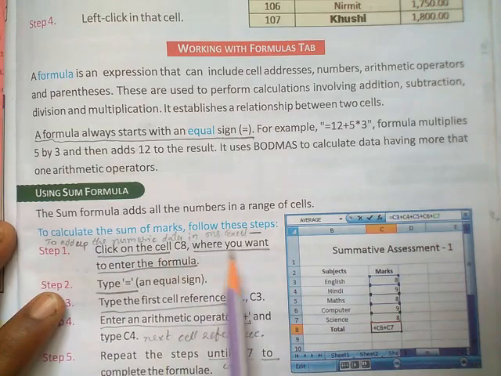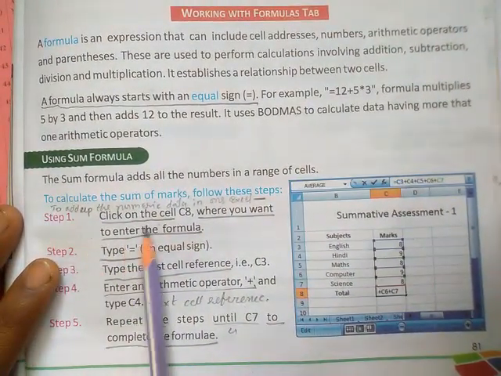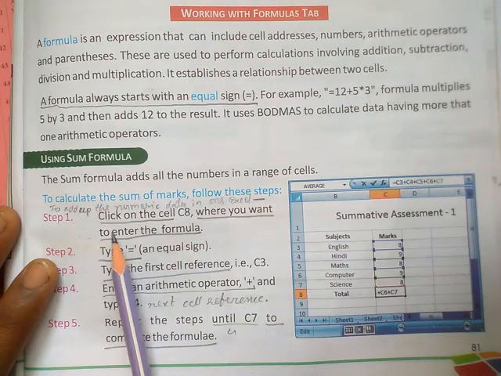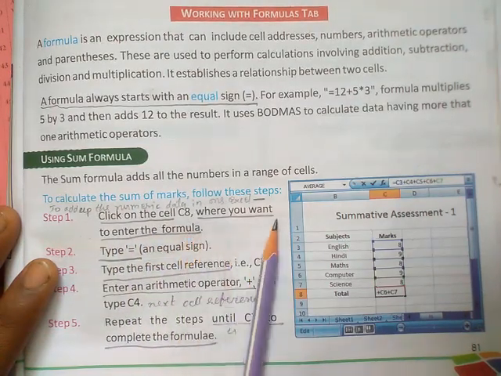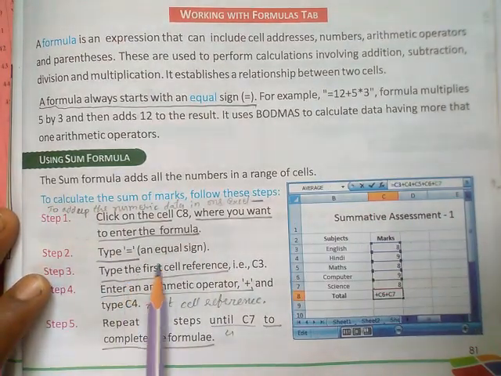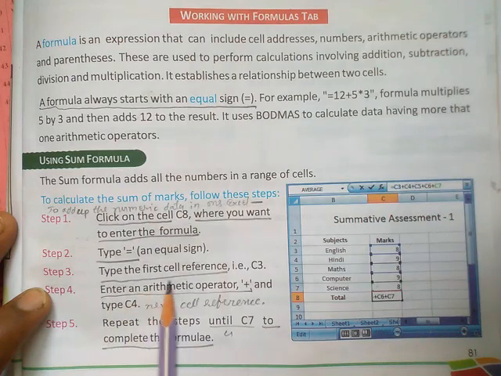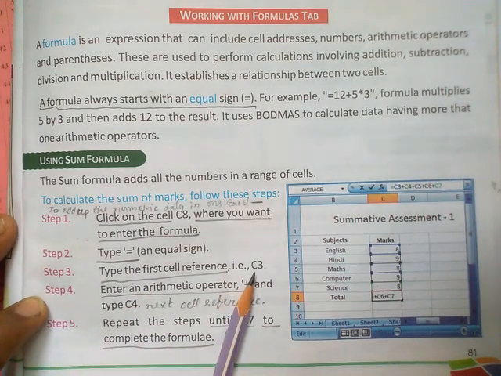To calculate the sum of marks, follow these steps. Step number 1, click on the cell. Suppose click on the cell C8, where you want to enter the formula. Step 2, type the equal sign. Step 3, type the first cell reference, that is C3.